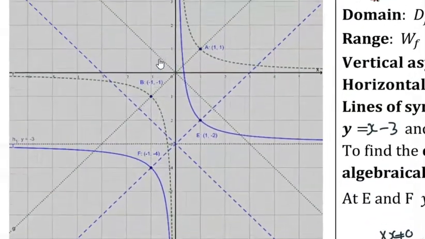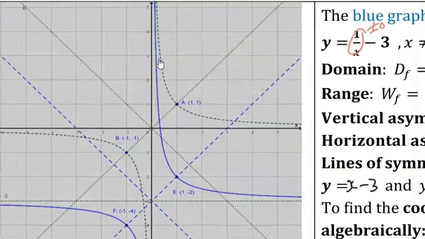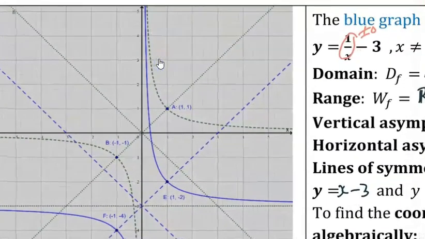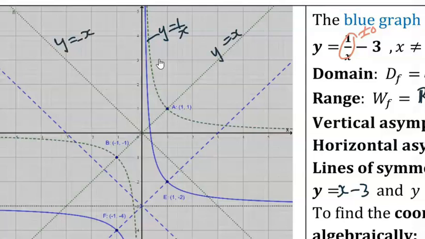So let us see here, we have our y equal to 1 over x, we have y equal to x, we have y equal to minus x, and we have y equal to 1 over x here. So if I take this value and if I take that value and I want to go to E, I have to move 3 units down.